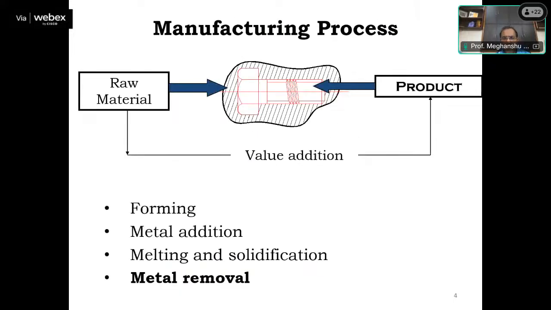In manufacturing processes, we know that raw material is converted into a useful object, and this conversion is possible by four classified methods.